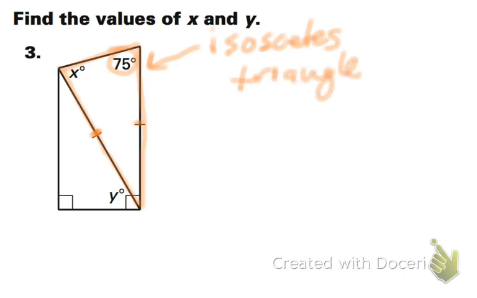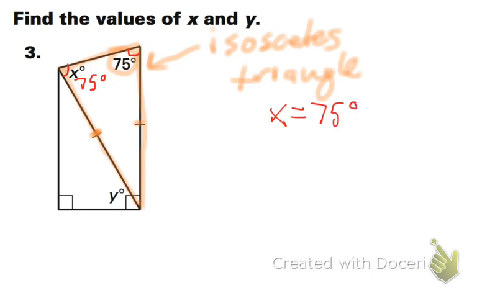So that means if two sides of the triangle are the same length, then two of the angles are going to be the same number of degrees, this angle right here and this angle right here. So it looks like this angle is also a 75-degree angle, so that would mean that x equals 75 degrees.